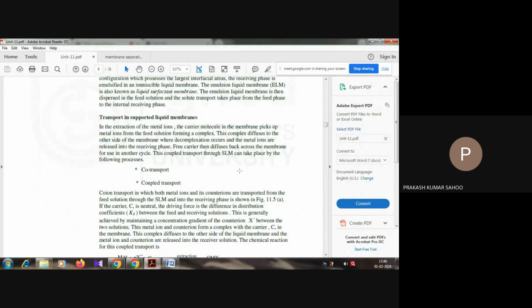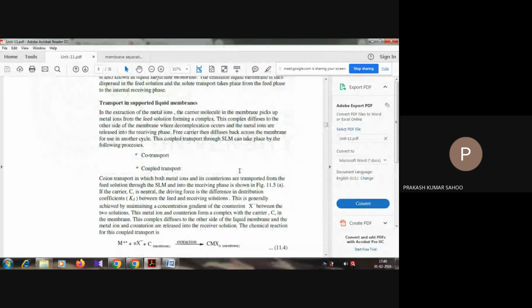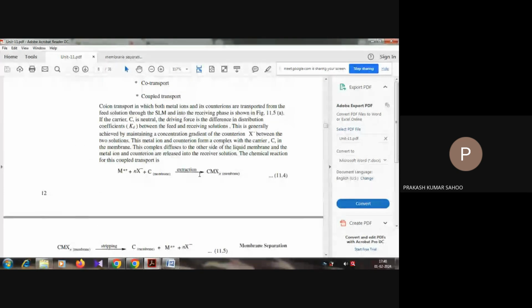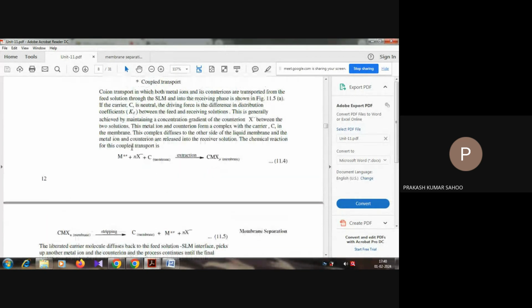Then we have transport in supported liquid membrane. What are the types of transport? There is co-transport and coupled transport. We have an example, some chemical reactions in coupled transport. Let the metal ion Mn+ react with Nx-, and C is the membrane, that is, the liquid membrane.